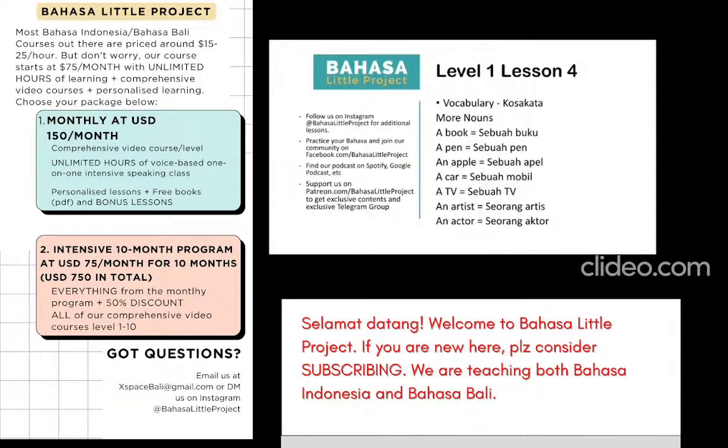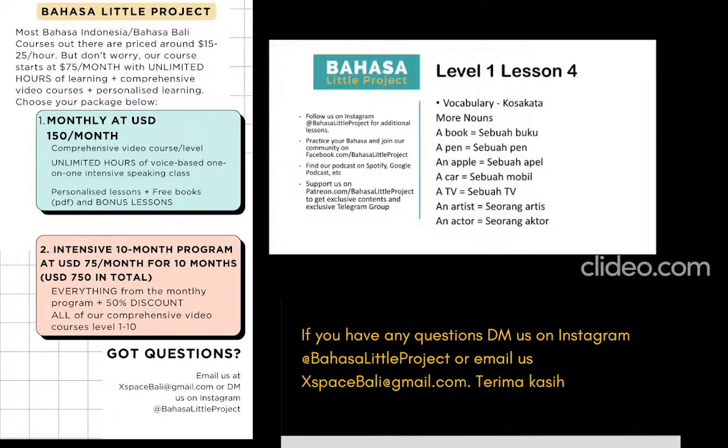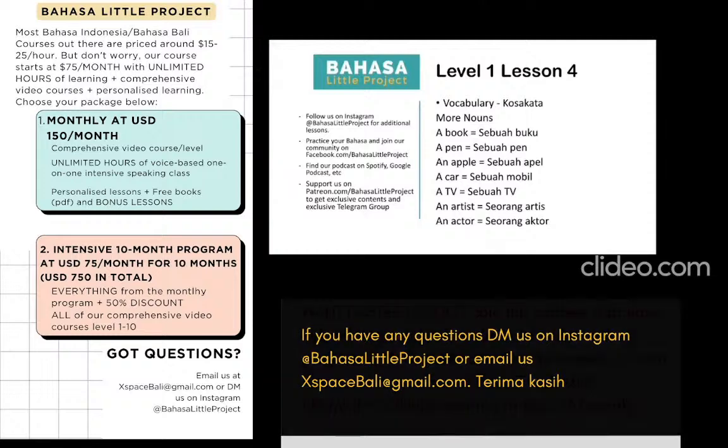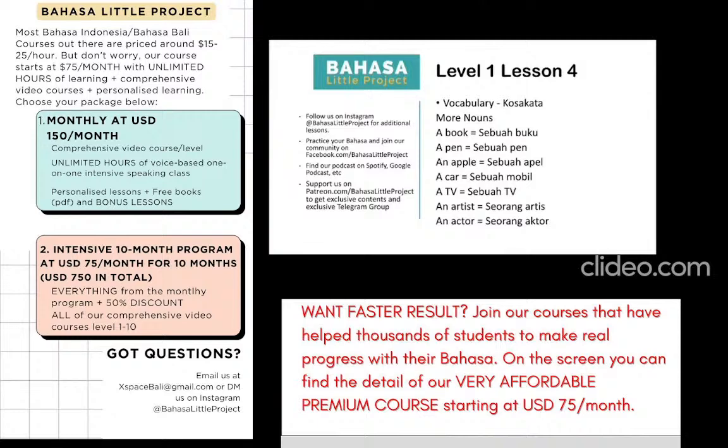So remember that we don't have a or an in Bahasa Indonesia, but we do have different articles for things, which is sebuah, and for animate objects or for people, which is seorang.